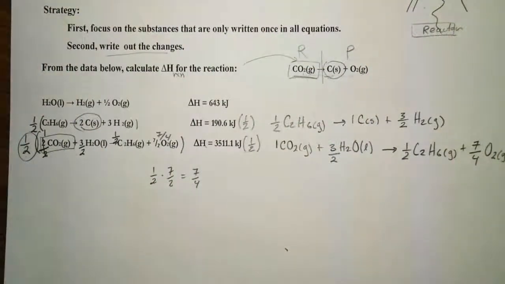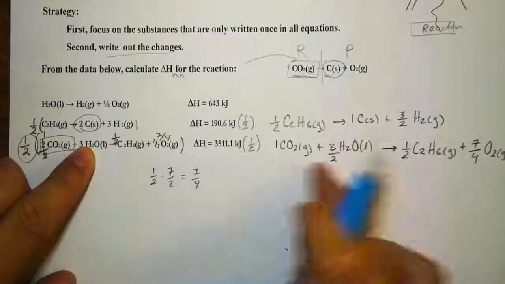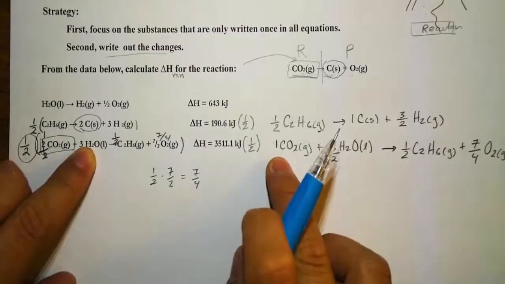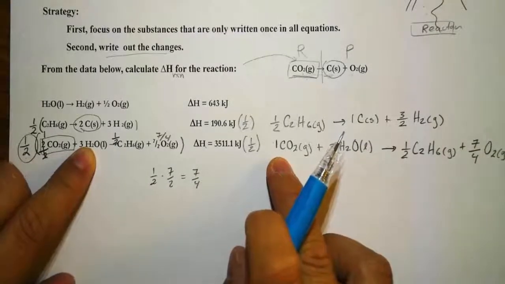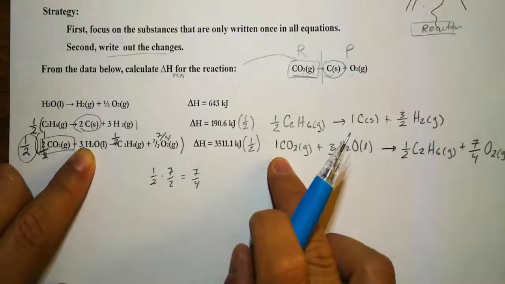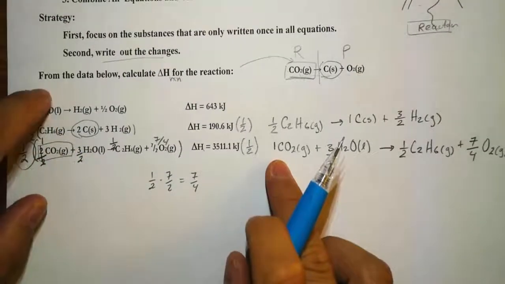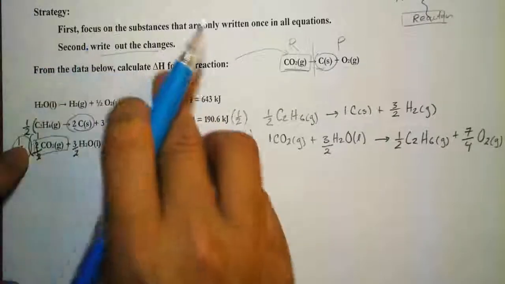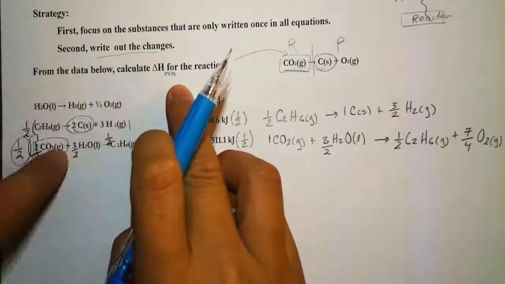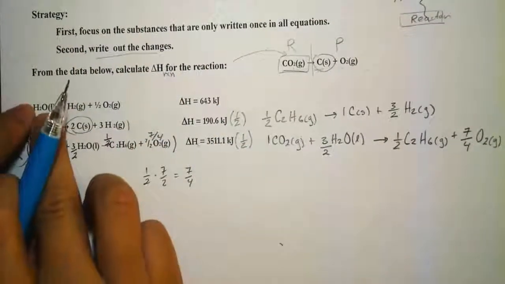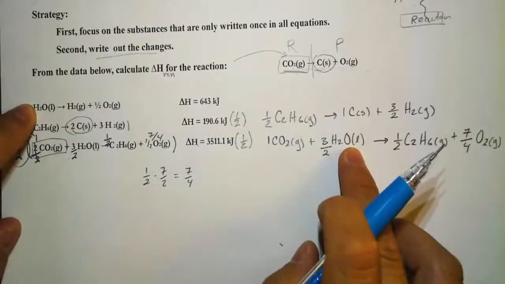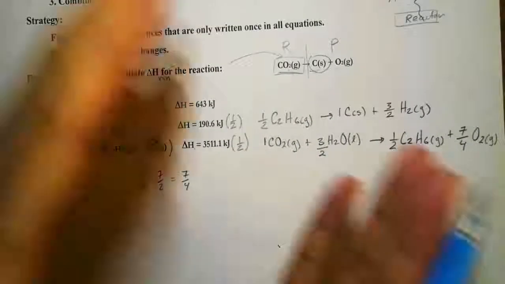Do you see any water at all? We cannot change or flip this one because this carbon dioxide has to be here, right? So what do we have to do? Well, of course, the only thing left to do is to bring that water to the other side so that we can cancel out, because this water on the reactant side and this water on the reactant side would never cancel out. They would add together, right?